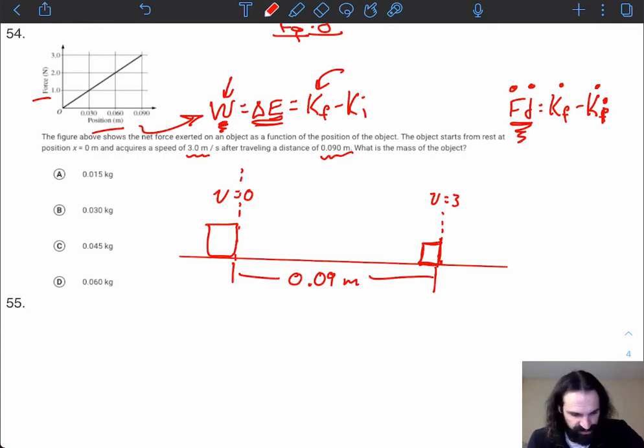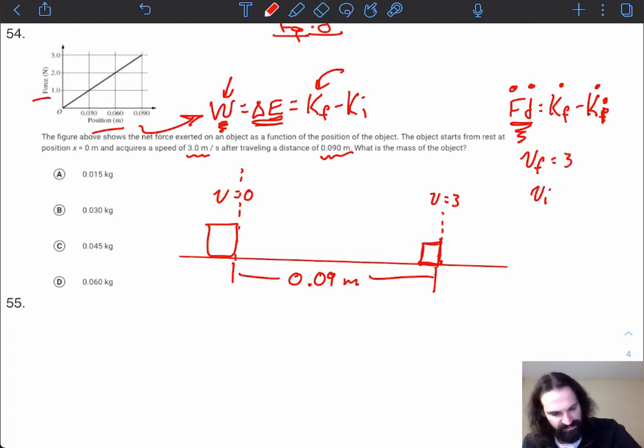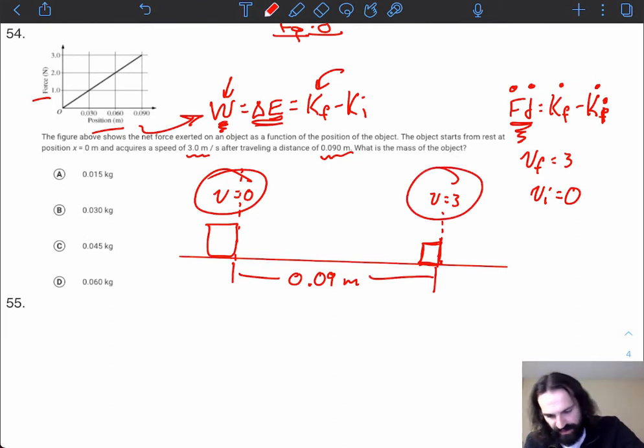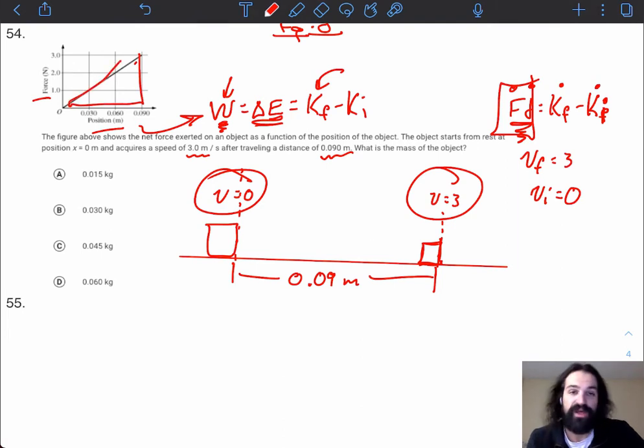But then we look at the problem and we immediately see all of the information we know, or we need. We know the final velocity is 3. The initial velocity is 0, which I already have in my diagram. And the left side of the equation, work, equals 0.09 times, or 1/2 base times height because it's a triangle. So 1/2 times 3 times 0.9, which equals the work in joules.